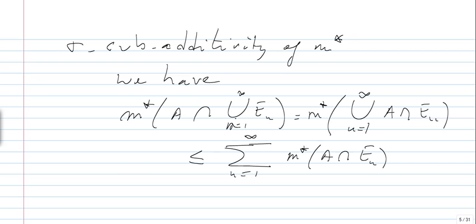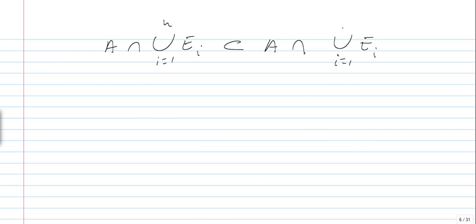On the other hand, we have A intersect the union of the Ei's from 1 to n is included in A intersect the union of all the Ei's from 1 to infinity.